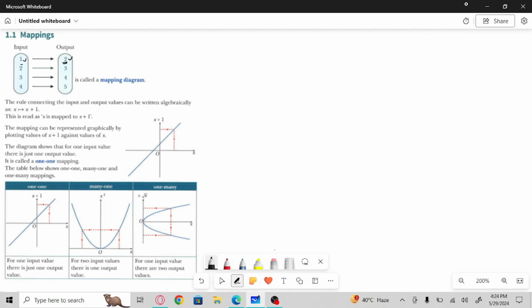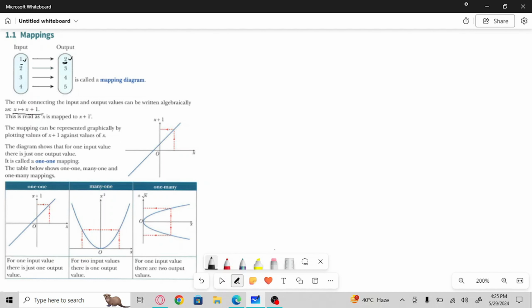And if we see right here, x is mapped to x plus 1. So this is the basic format. If we see this arrow here, then we can say that this is mapped to x plus 1, and it can be different equations according to the graph or diagram.